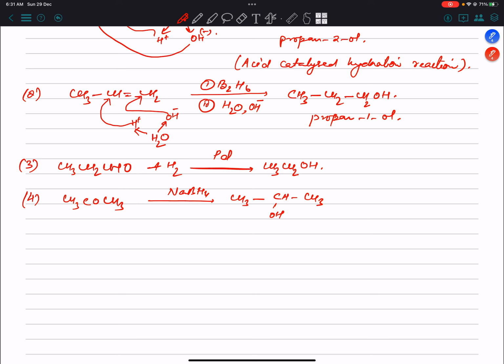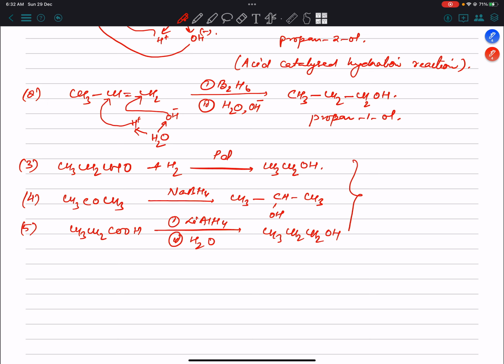When a carboxylic acid reacts with lithium aluminum hydride, the product is alcohol again.